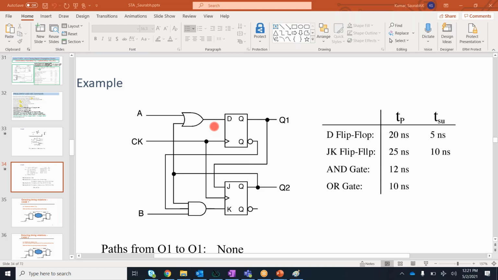Okay, let me explain. If I'm moving from this flip flop to this flip flop, I can find that there is a path. This is going through like this. This is one path.